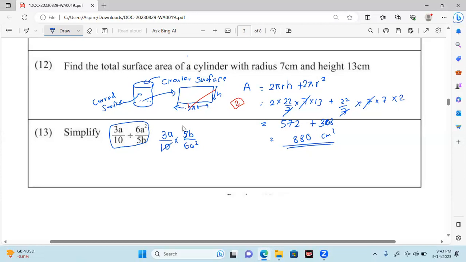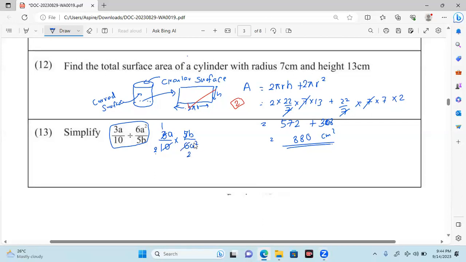Then 10 divided by 5, sorry, it is 2. Then 3 divided by 3 is 1. 6 divided by 3 is 2.